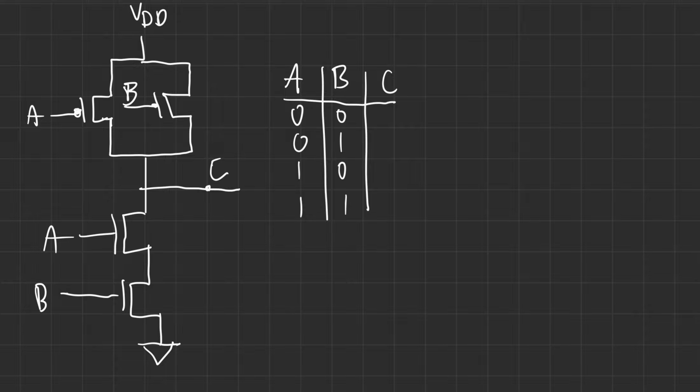Okay, so what happens when A is zero and B is zero? Let's start with the top portion over here. It's PMOS.